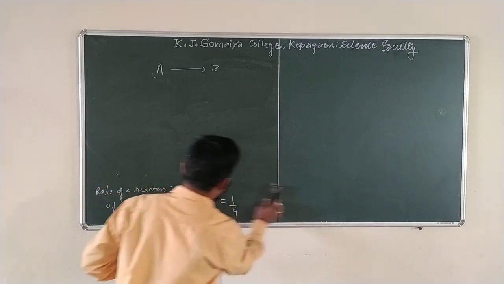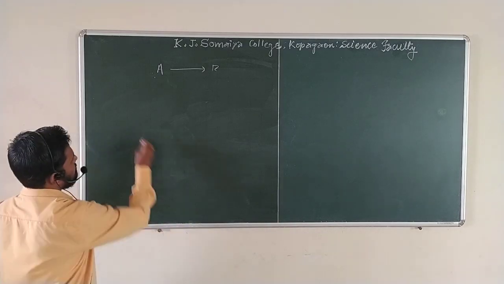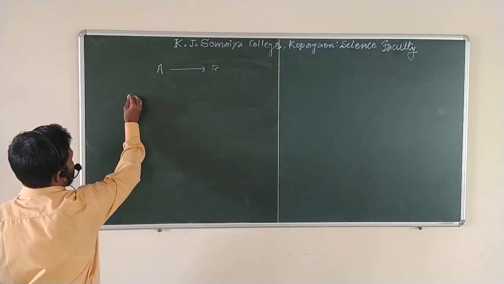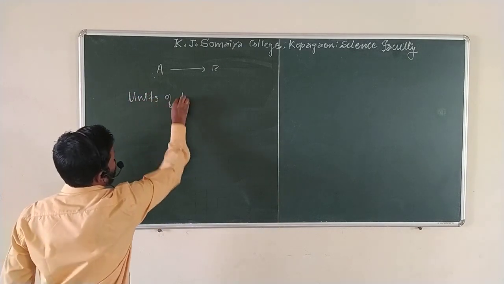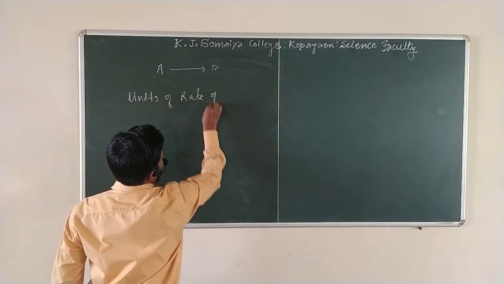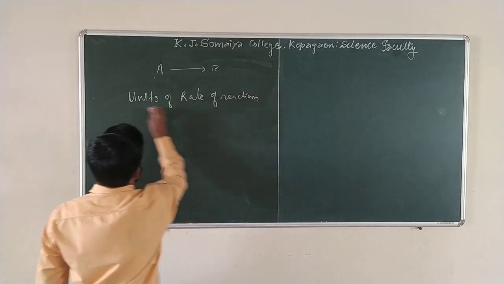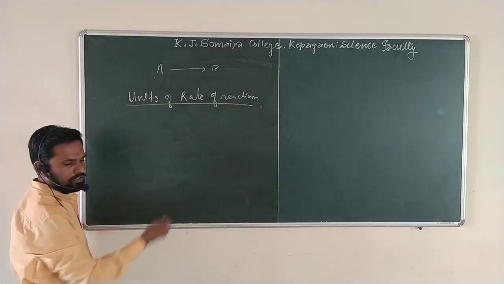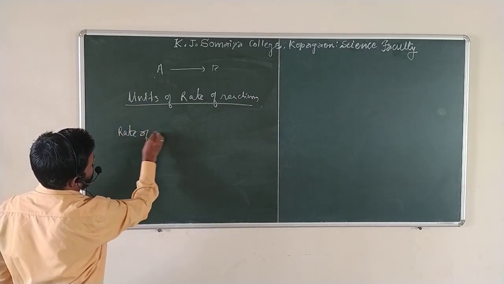What will be the units of rate of reaction? Very simple. We can find the units. How can we find the unit of rate of reaction? Before understanding the units, we must write the rate. Rate means what? Rate of reaction.